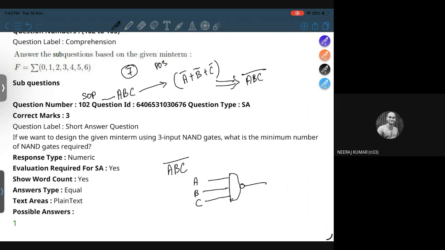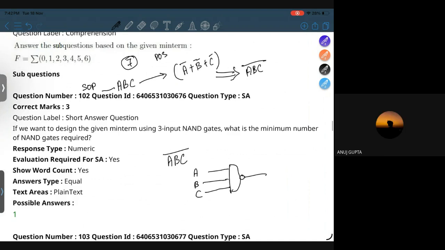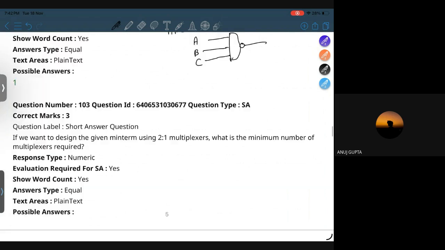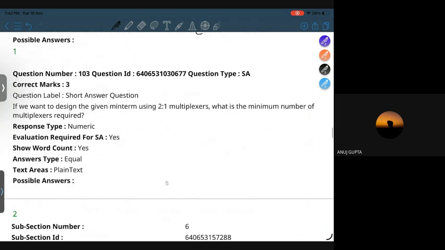If you want to design the given minterms using 2-to-1 mux, how many muxes are required?